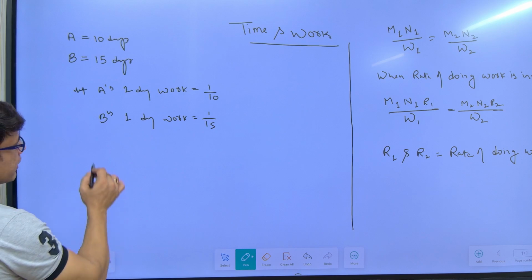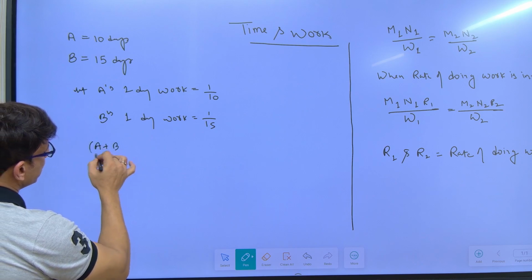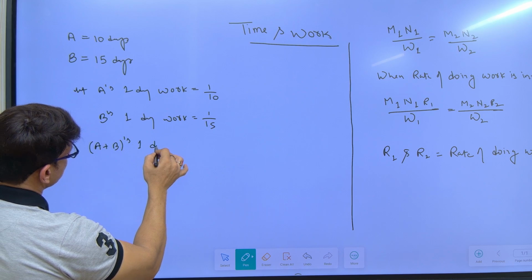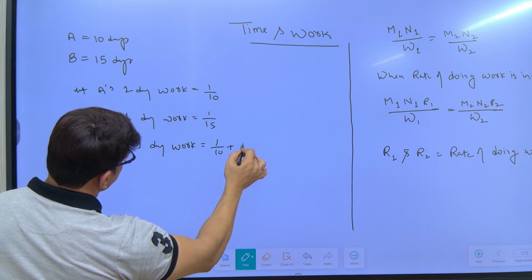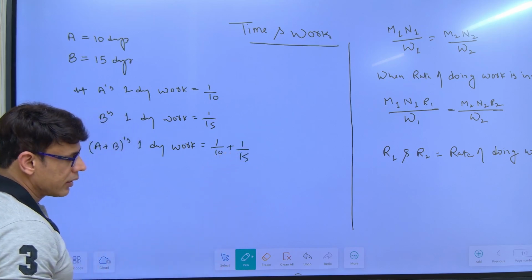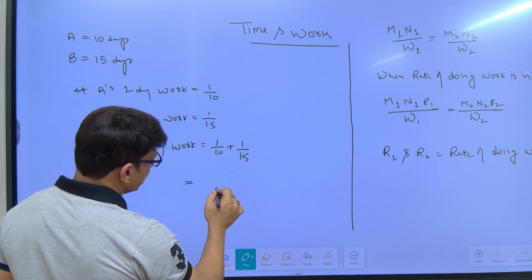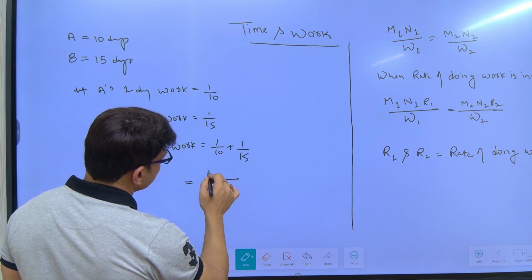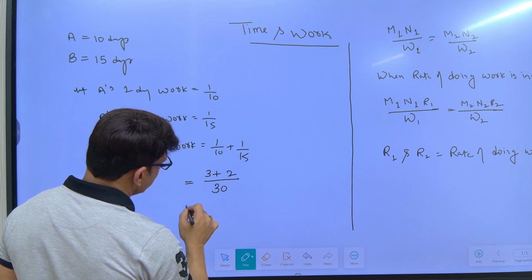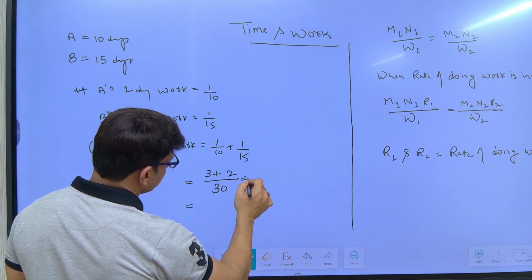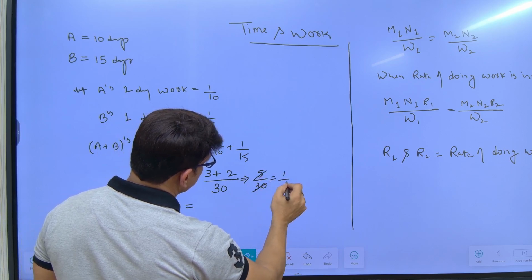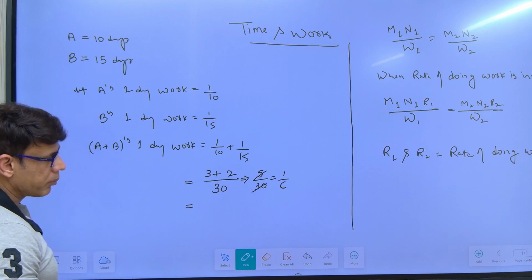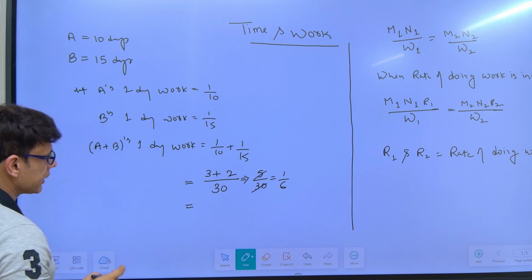And then A plus B's 1 day work is equal to 1 by 10 plus 1 by 15. Then you take the LCM of 10 and 15, which is 30. This is 3 plus 2, which is 5 by 30, which is 1 by 6. So A plus B's 1 day work is 1 by 6 units.